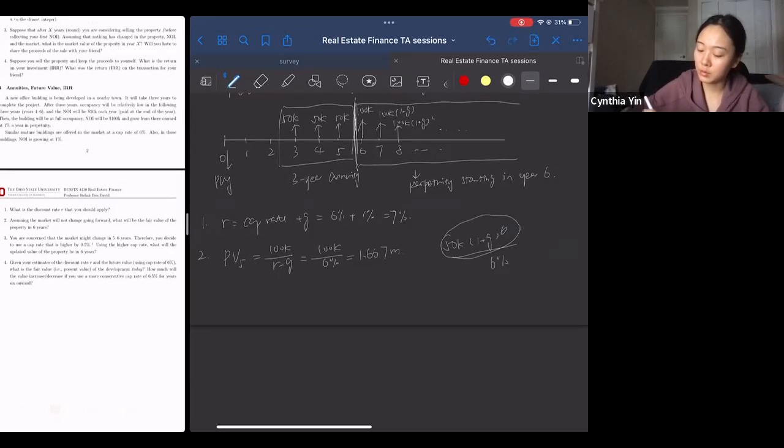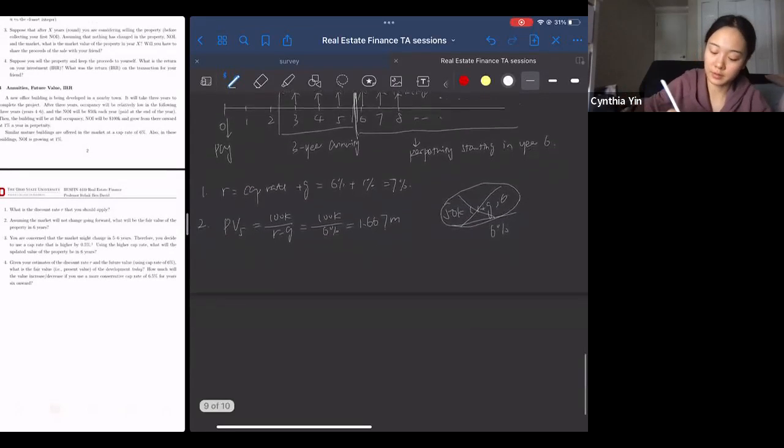So rather than using 100K, some of you just assume the 50K will grow for 6 years, and this is wrong because it's stated very clearly at the beginning. The cash flow in year 6 is going to be 100K, and that is the perpetuity part. The 50K is only for the starting years when the occupancy is relatively low. It's the annuity part.